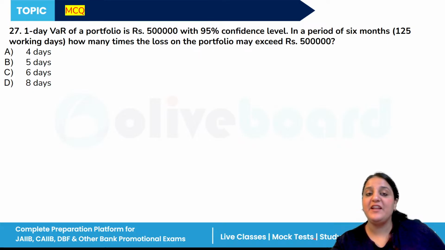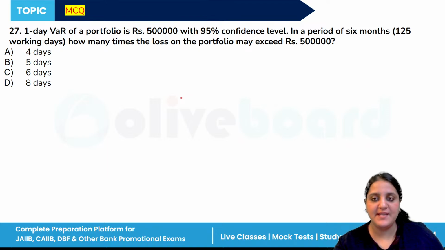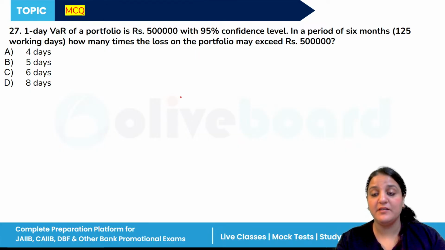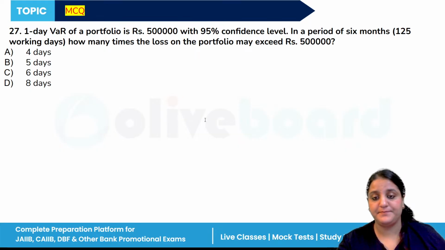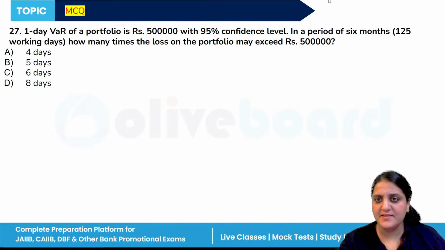If 1 day value at risk of a portfolio is 5 lakh with 95% confidence level in a period of 6 months, how many times may the loss on the portfolio exceed 5 lakh? So what is value at risk?